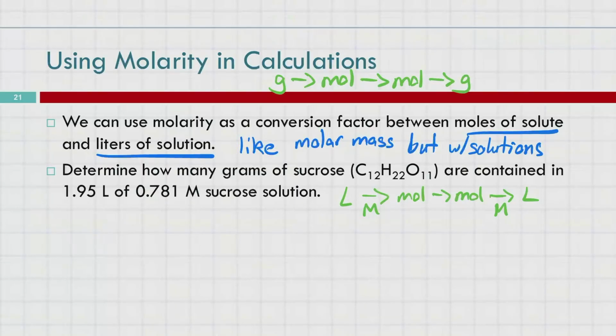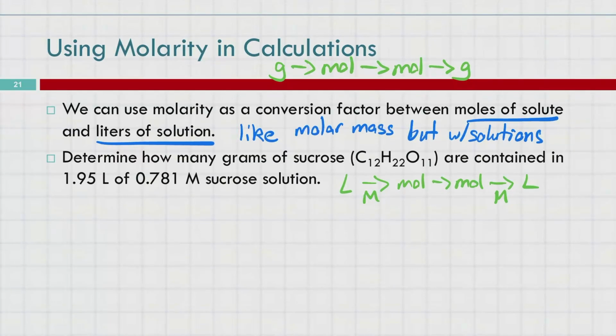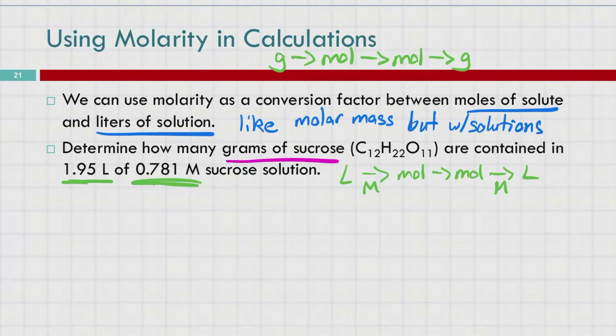So we want to determine, just to show this off as an example, how many grams of sucrose are in 2 liters of 0.781 molar sucrose solution. To get to grams of sucrose, what do we need?